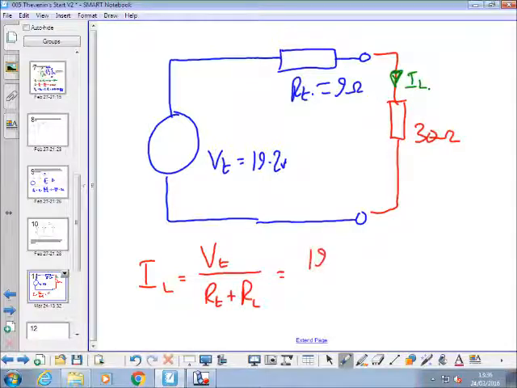That's 19.2 over 9 plus 30 equals 0.492 amps.